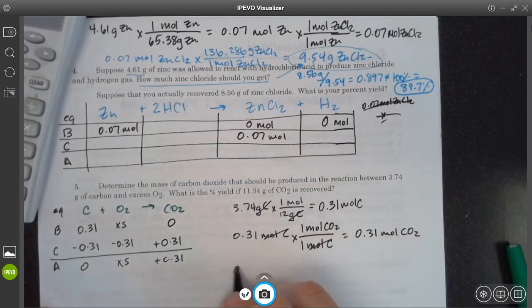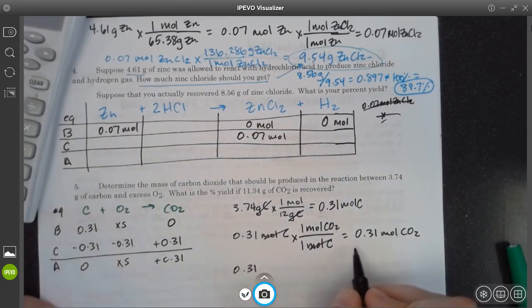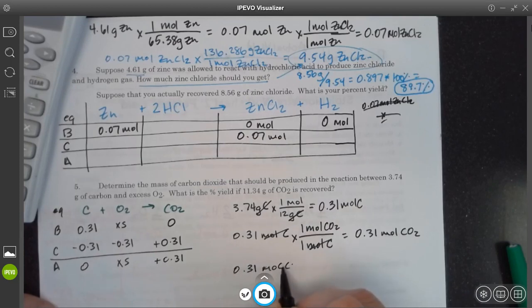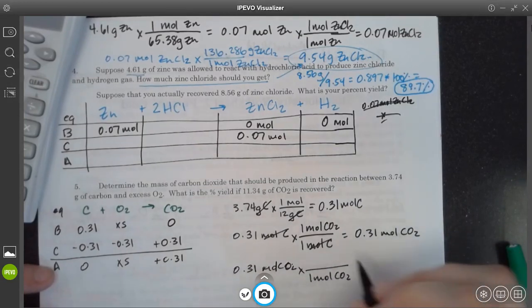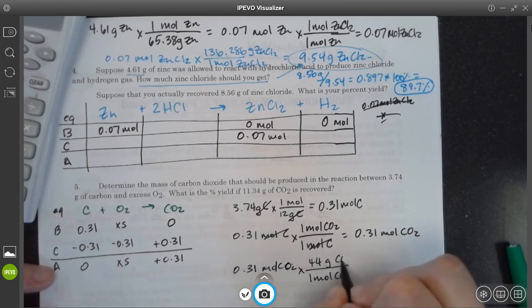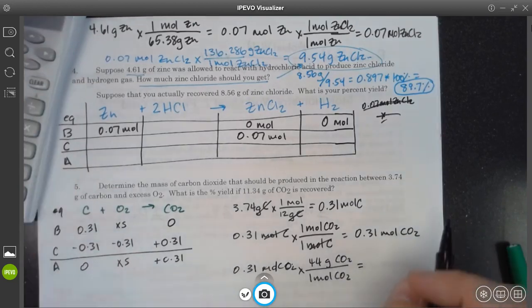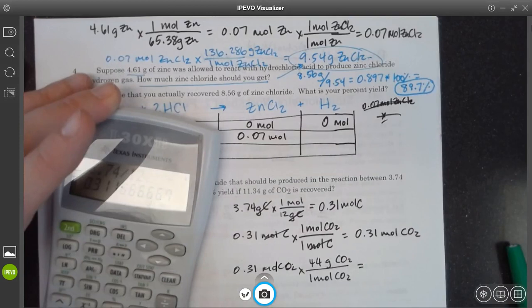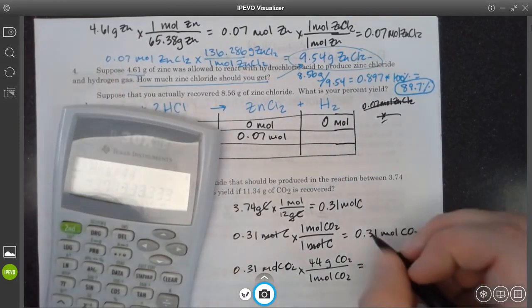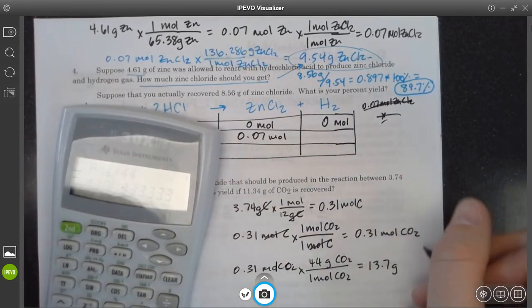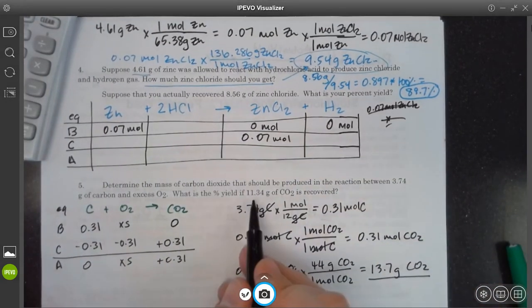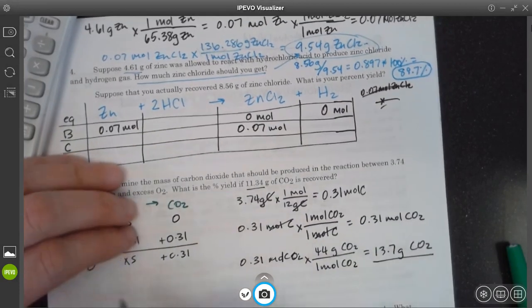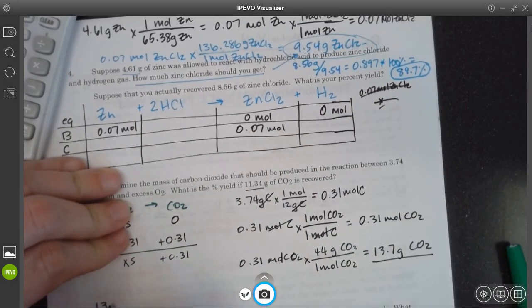If I try to figure out how much mass that is for my 0.31 moles of CO2, for every 1 mole of CO2, I've got 44 grams of CO2. So that's going to be 13.7 grams. But we only got 11.34 grams. So we figure out our percent yield.